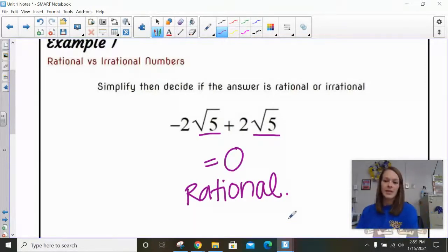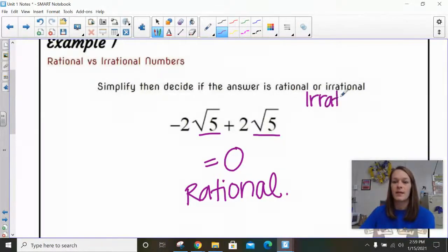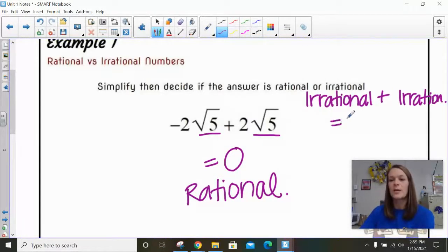So this is a case where you started with two irrational numbers and ended with a rational number. That can happen. This is an example where an irrational plus another irrational equals a rational.